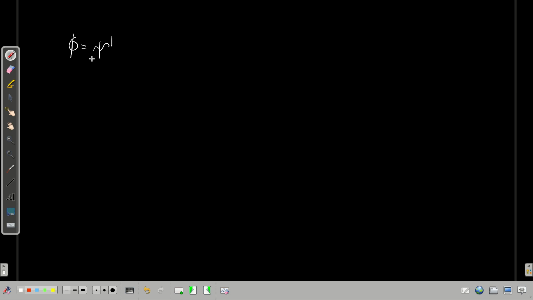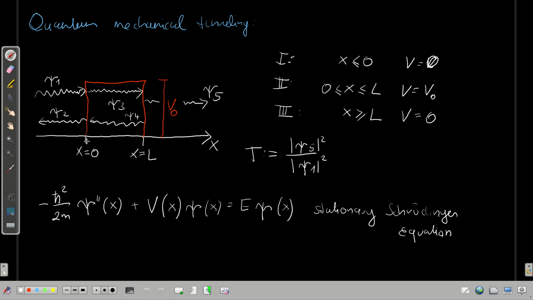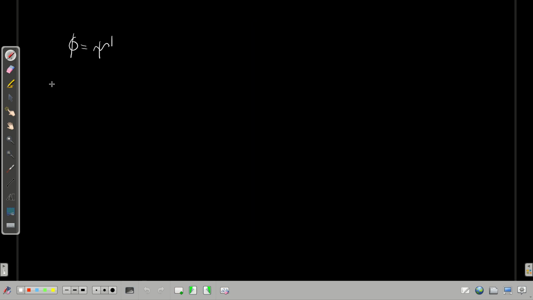And if I plug this into the original Schrödinger equation, then I get minus h bar squared over 2m phi prime equals E minus V times psi.